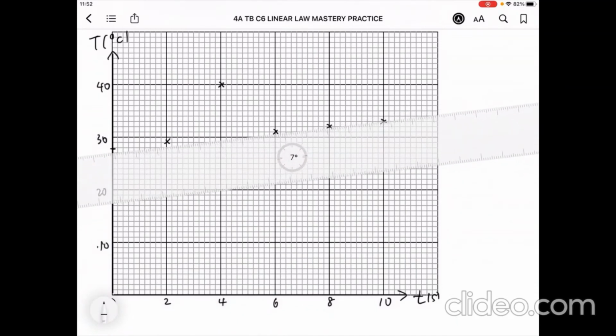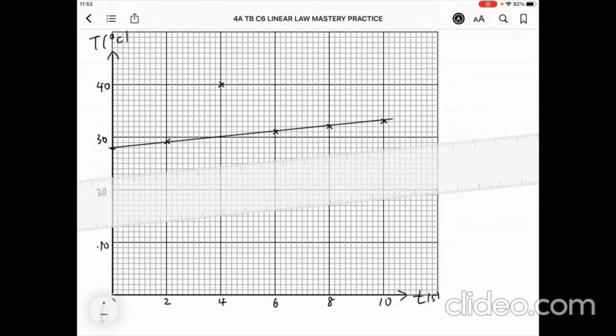The second point is definitely out. So it looks something like this. There you go, that's my line of best fit. Could be better.